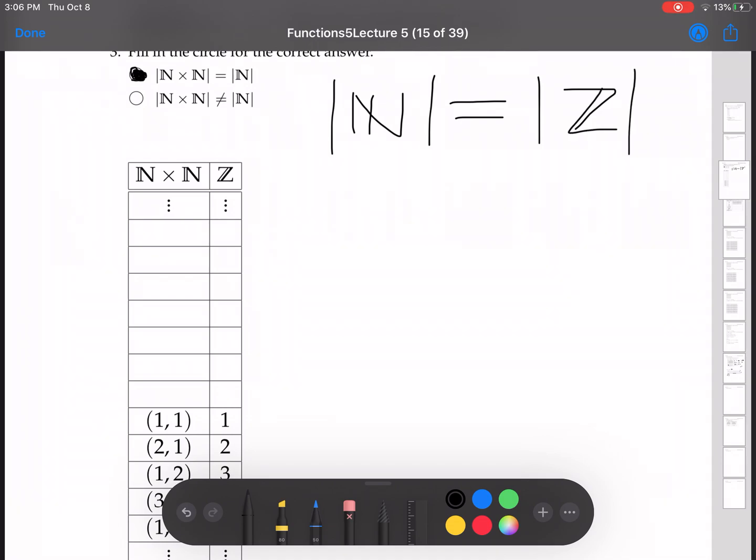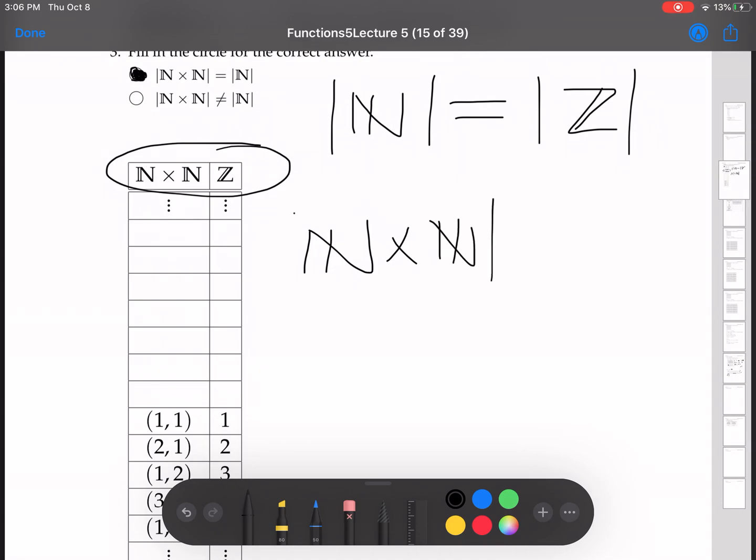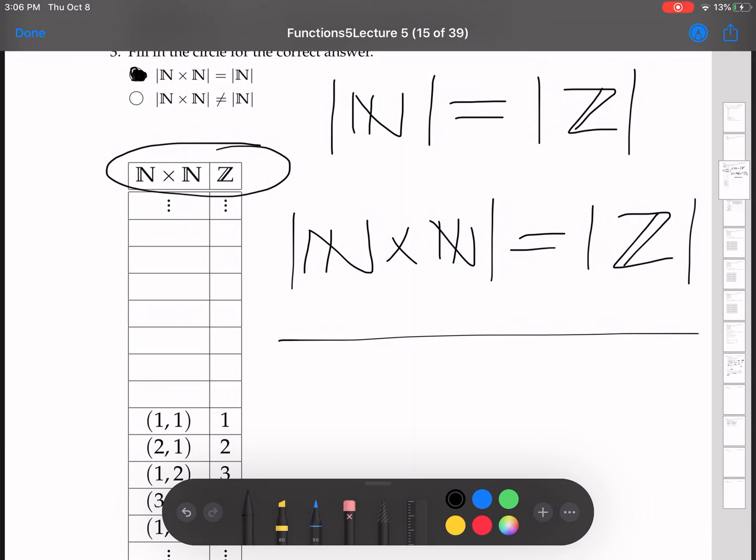Now in this one, I'm going to fill out a table that shows that N cross N has the same cardinality as the integers, and so then together we can put those together and get that these are the same.